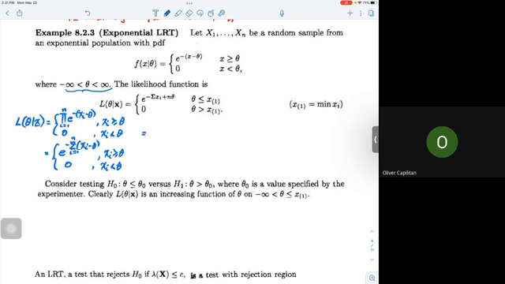Furthermore, we distribute the summation. Theta does not depend on the index of the summation. Then we have here e to the negative summation of x sub i, i from 1 up to n, and then we have here plus n theta. And then 0 here otherwise. Theta, okay?